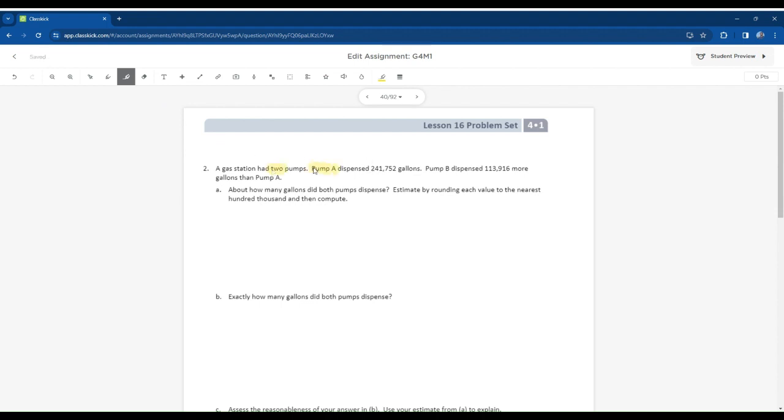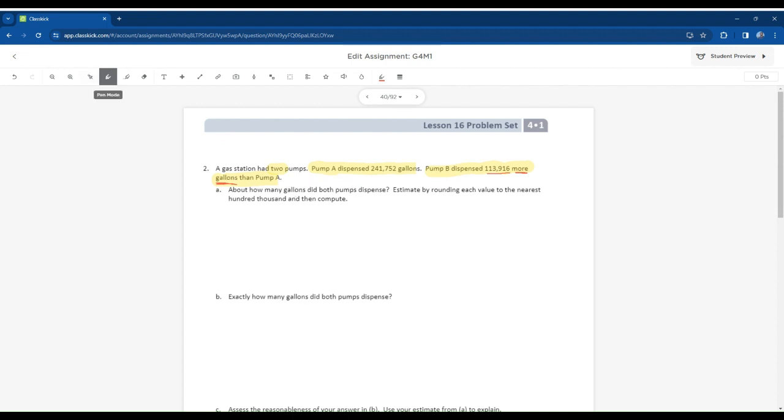There's Pump A, which is the first one, and it dispensed 241,752 gallons. Pump B dispensed 113,916 more gallons than Pump A. So we really need to pay attention to this right here. More gallons than Pump A.